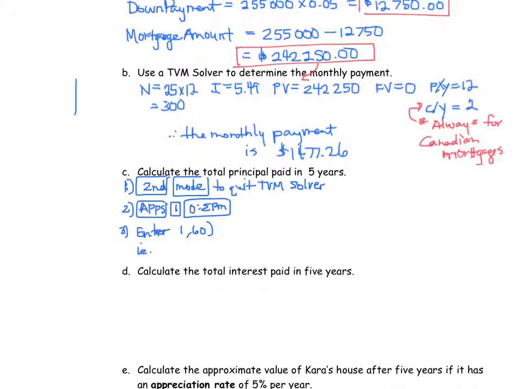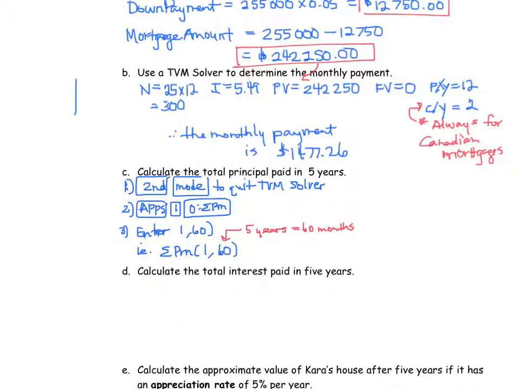So in other words, on your calculator screen, you will see the sum of the principal from the first month to the 60th month. Now, I should have said it's 60 months because it's 5 years, and we're converting that into months, in particular because we're making monthly payments.